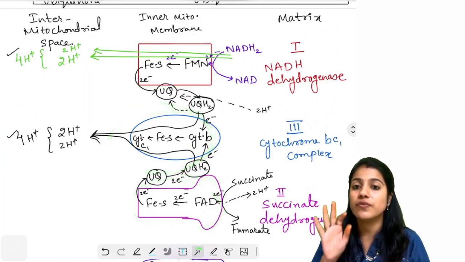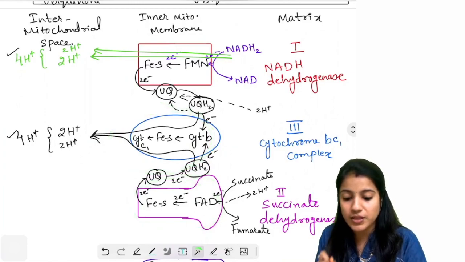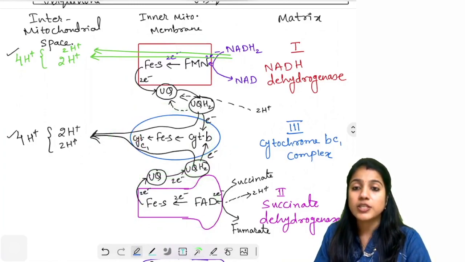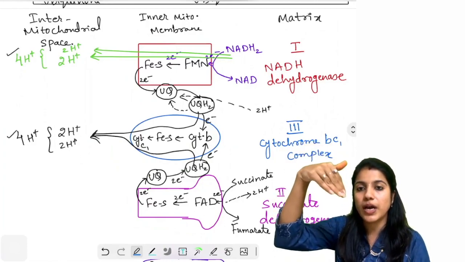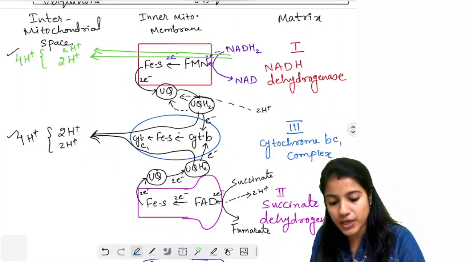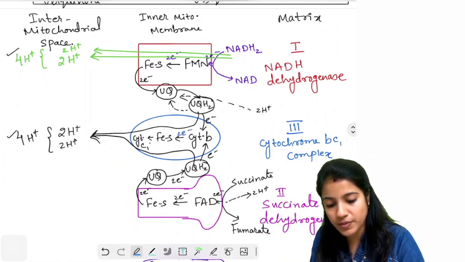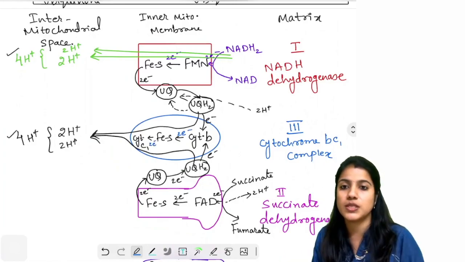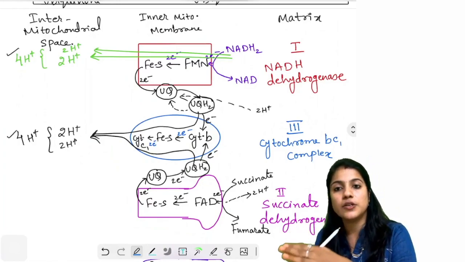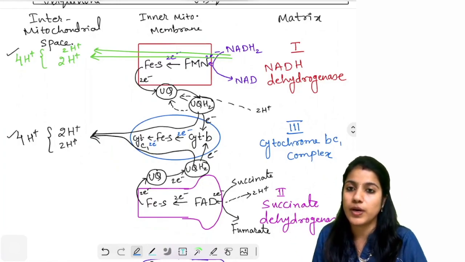Electrons are associated with complex 3 with cytochrome C1. How? See now. Cytochrome B received how many electrons? One from complex 1 and one from complex 2. So cytochrome B is having 2 electrons. So 2 electrons total will be carried forward to cytochrome C1.